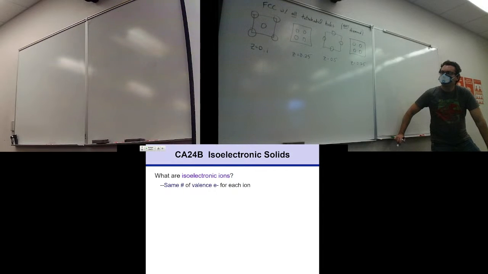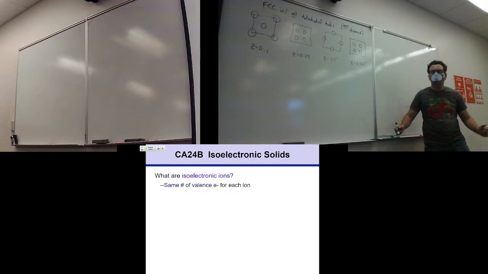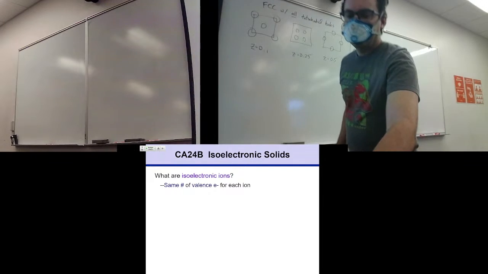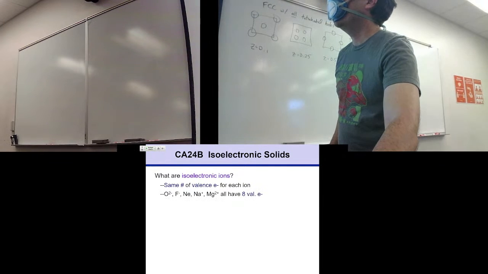So isoelectronic ions have the same number of valence electrons. Fluoride and oxide are 2 ions that are isoelectronic. F minus, O2 minus. They both have 10 total electrons, 8 valence electrons. Okay, that's an isoelectronic ion.